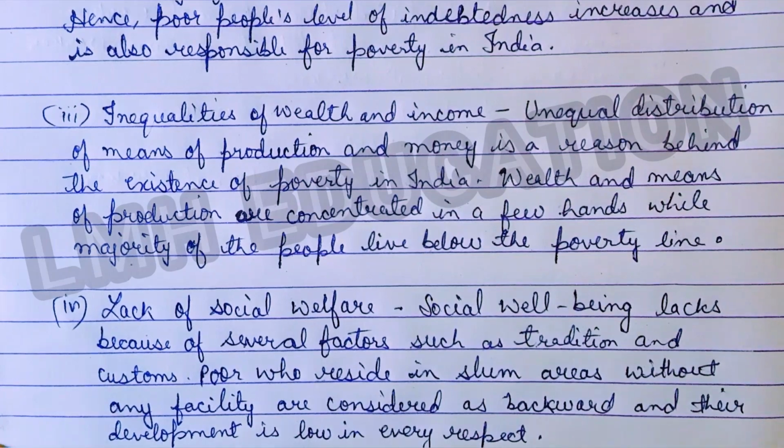Wealth and means of production are concentrated in a few hands, while the majority of the people live below the poverty line. This is the third point.